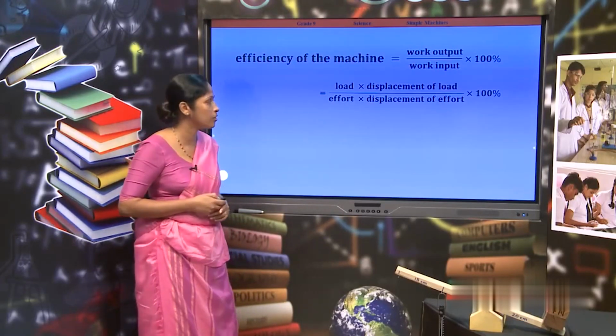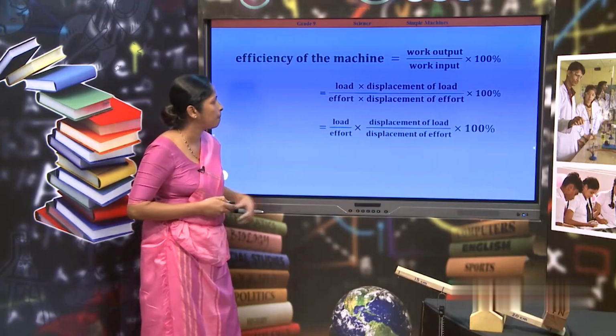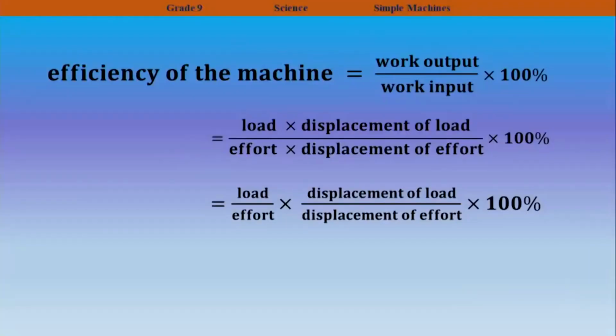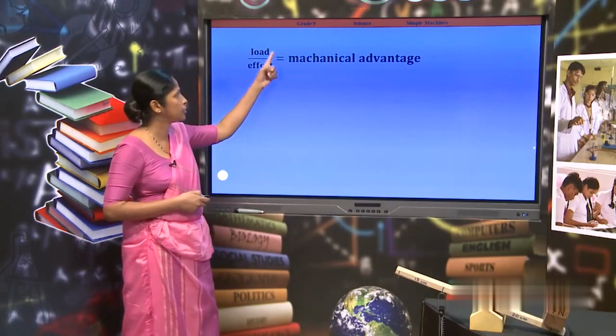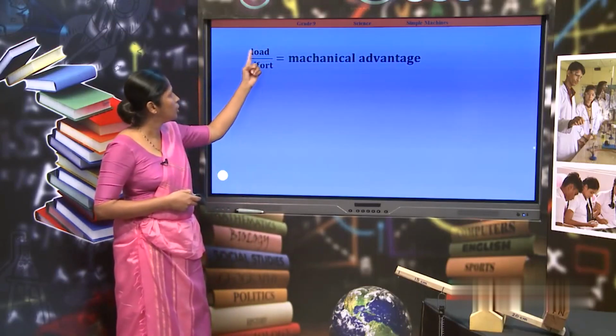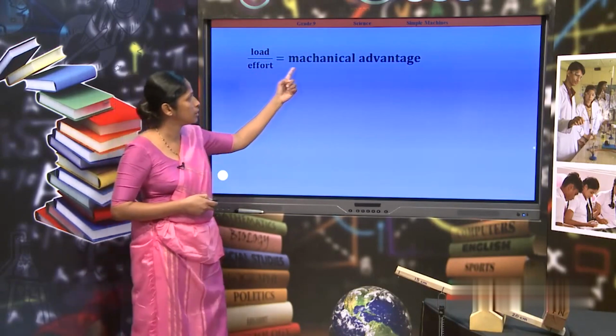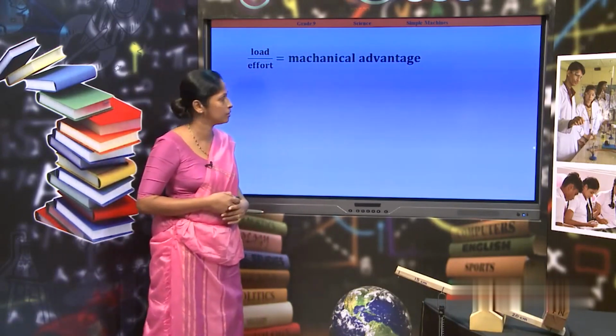Think, you can't remember. Let us see. I separate this: load divided by effort, and displacement of load divided by displacement of effort. As I told you earlier, load divided by effort is the mechanical advantage.